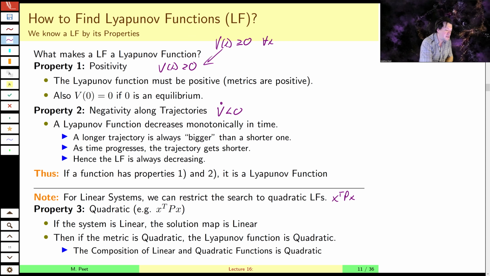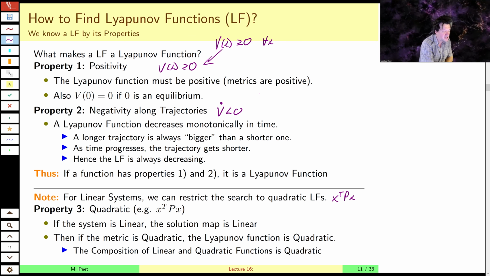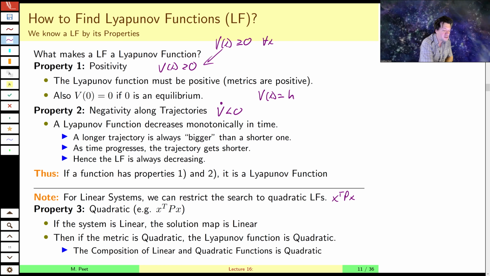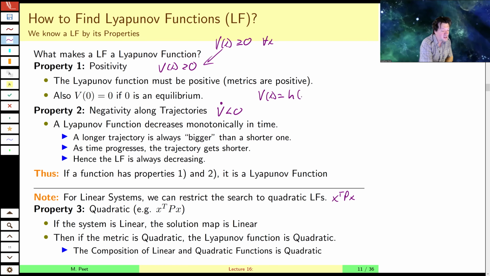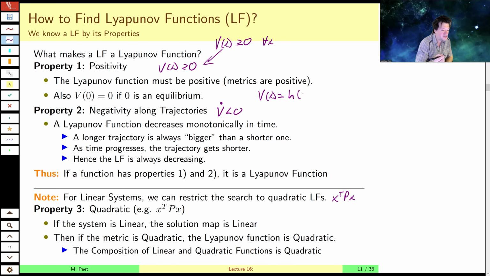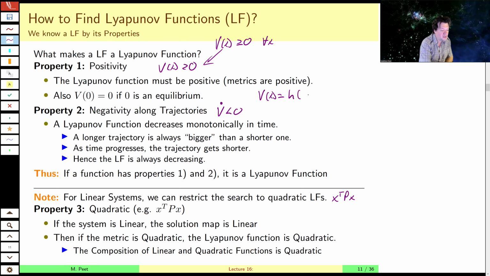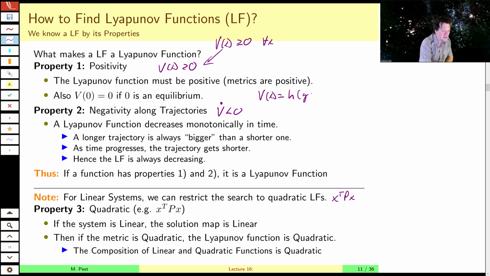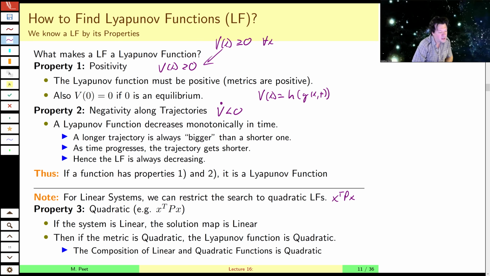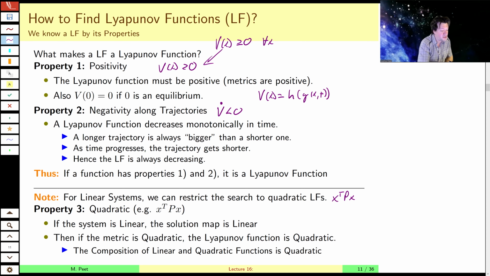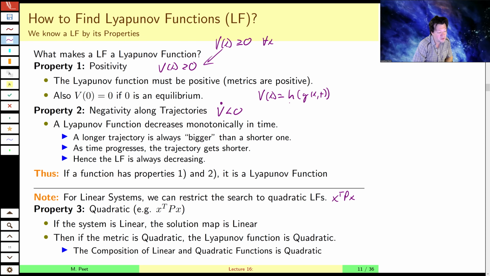Well, if you remember what the Lyapunov function represents, it represents a metric on, for example, the solution map, starting from that initial condition going forward in time. Obviously, the metric is positive, so it's a measure of size.